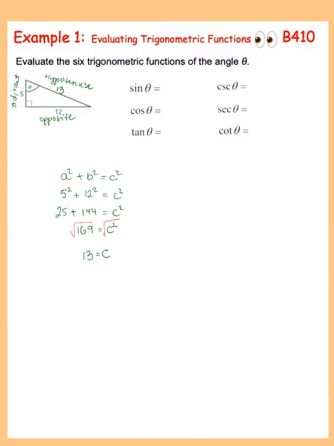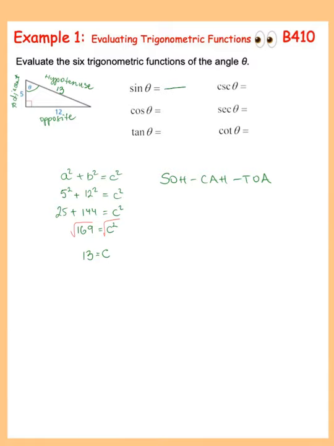So sine, I know by looking at my little acronym, I'm going to say SOHCAHTOA. So the sine is opposite over hypotenuse. So let's go ahead and find the opposite side divided by the hypotenuse.